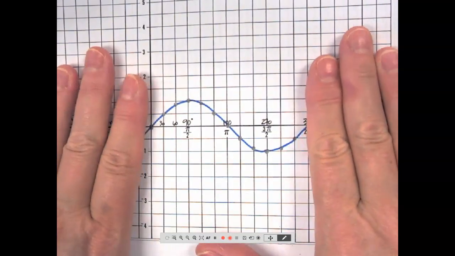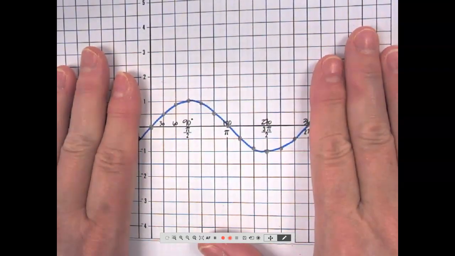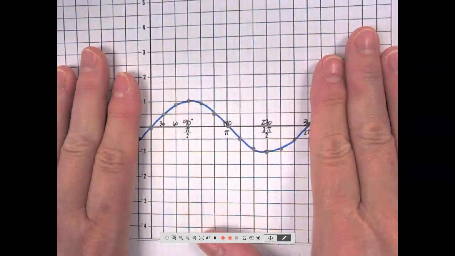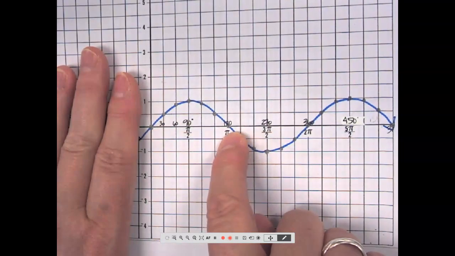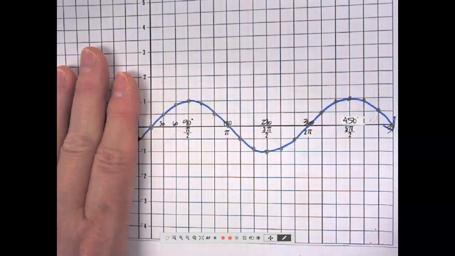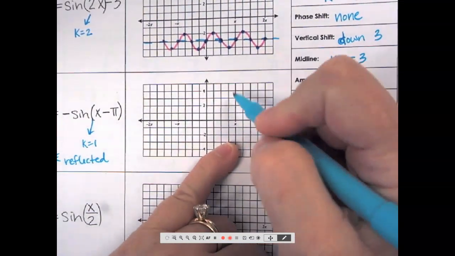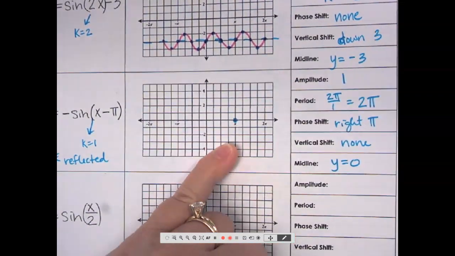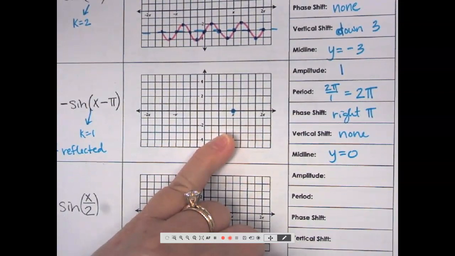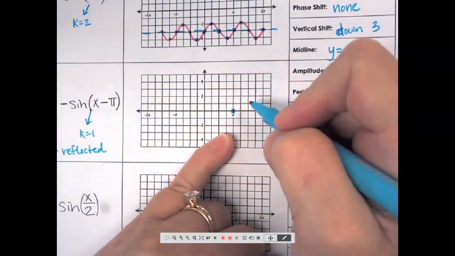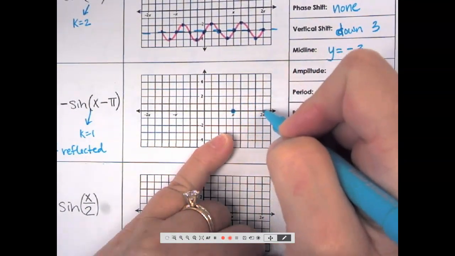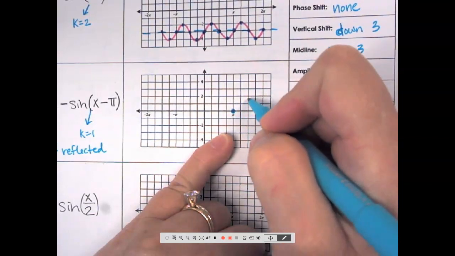If I picked up this curve and moved everything right pi, then this point will now be here, and everything else moves down. So what I'm going to do is I'm going to go to pi, and this is like my new origin. So I will be on my way up and back down here.